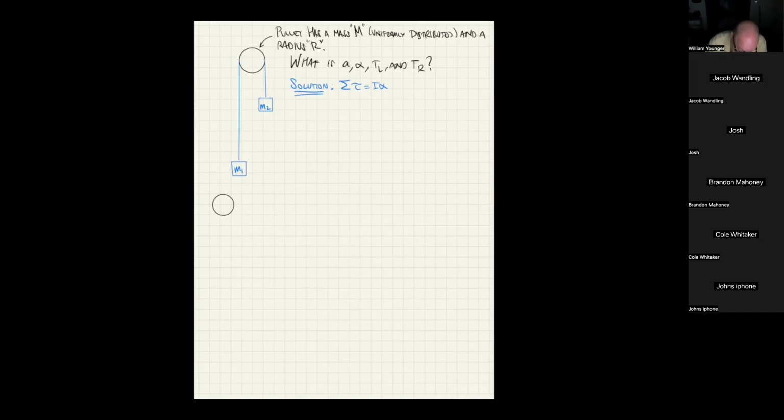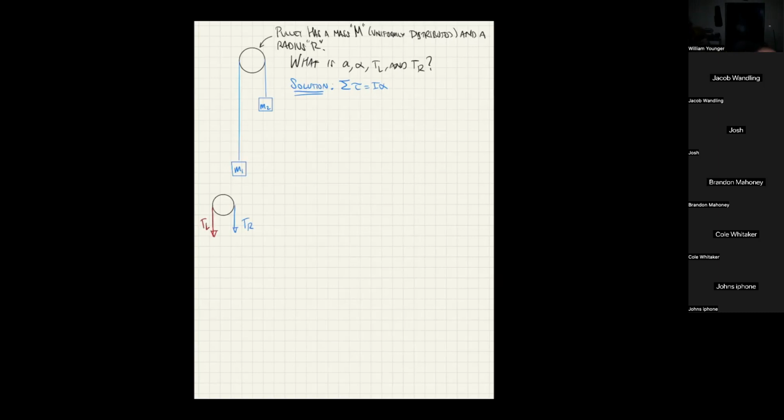What I have acting on it will be a force in the positive direction, and that one's going to be T right. And then there's going to be a force causing a torque in the negative direction, and that one's going to be T left.